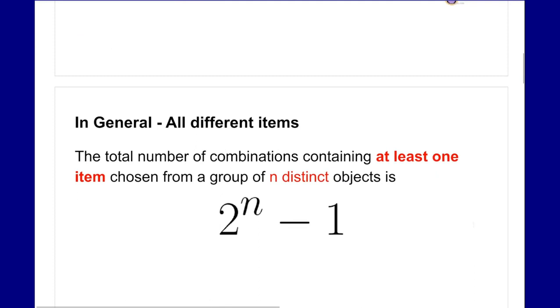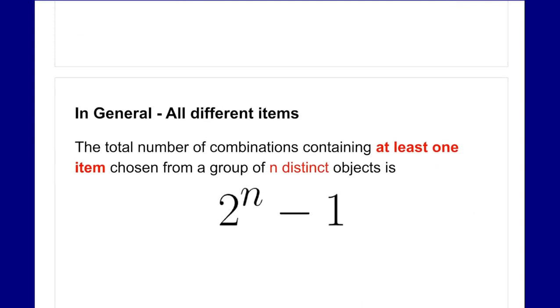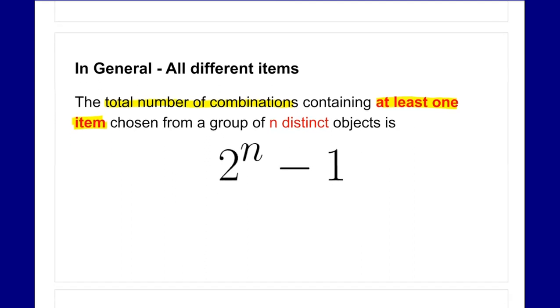In general, if we're looking at all different items, and we want the total number of combinations containing, and this is key, at least one item chosen from a group of n distinct objects, we can use 2 to the power of n minus 1. What does this mean?